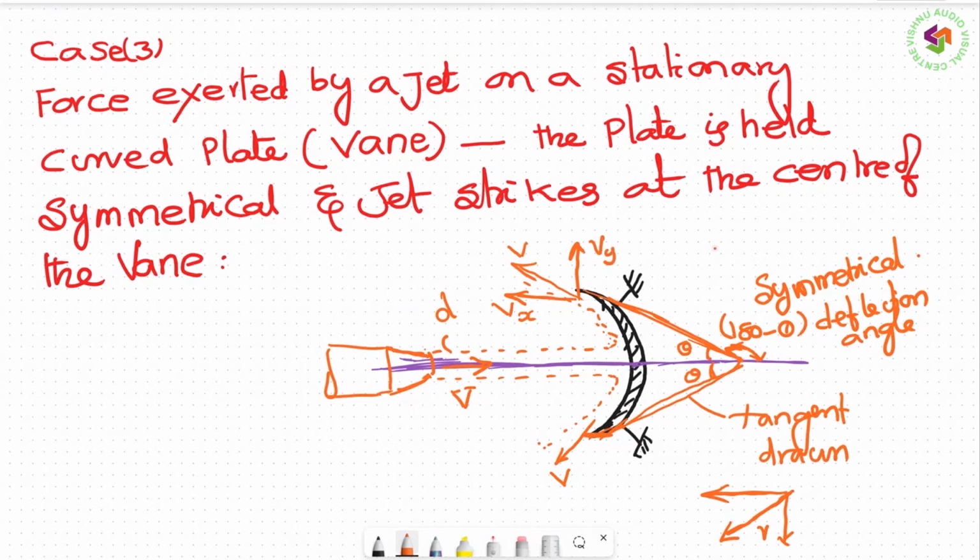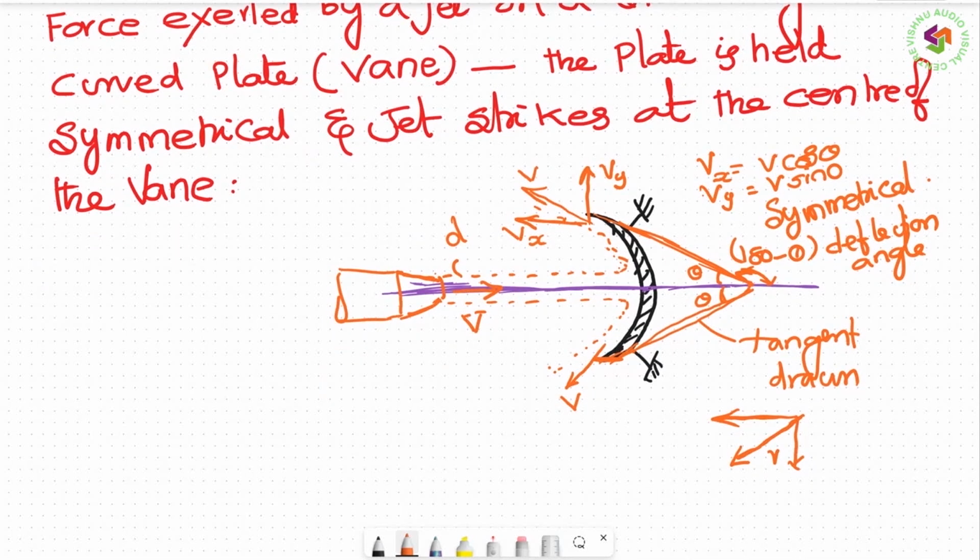If this angle is theta, then Vx is equal to V cos theta, and the component in the vertical direction is V sin theta. So this is the only difference from the previous case.